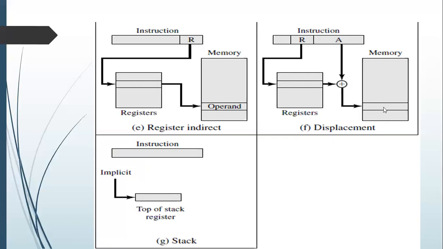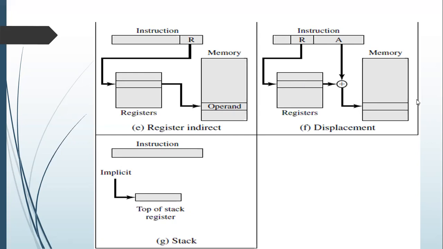And if you want to specify another address, you just have to change this displacement. Let's say this is 7, the base address is the same. So this will be 20 plus 7, and the control will go to the 27th location. This is useful because you only have to increment the displacement.